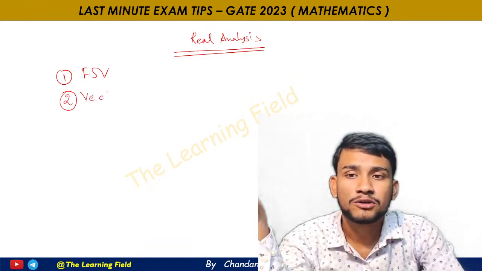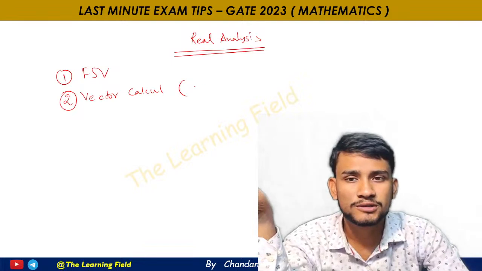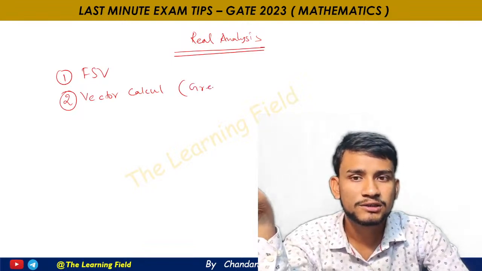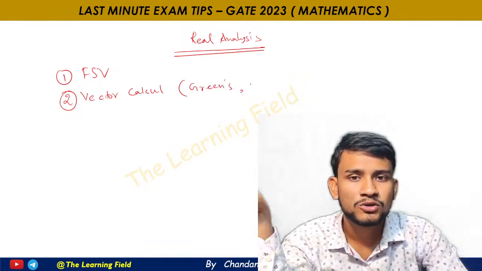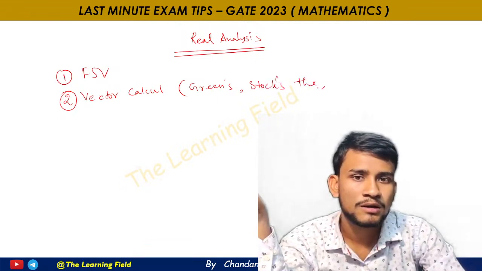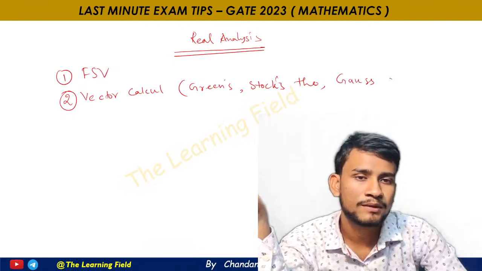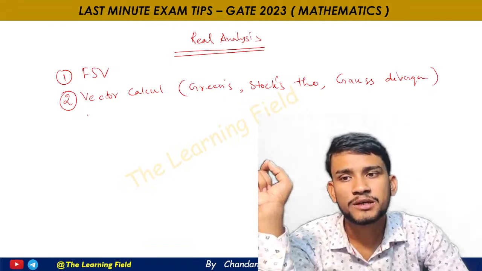Vector calculus. Here the 3 important theorems are Green's theorem, Stokes theorem, and Gauss divergence theorem.